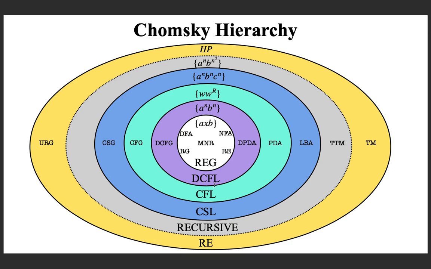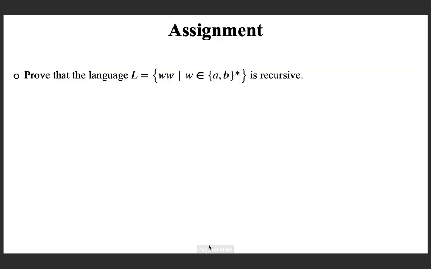All deterministic context-free languages are context-free, and all context-free are context-sensitive, and all context-sensitive are recursive, and all recursive languages are recursively enumerable. And with this, we are finishing this lecture, and I am giving you a practice question.